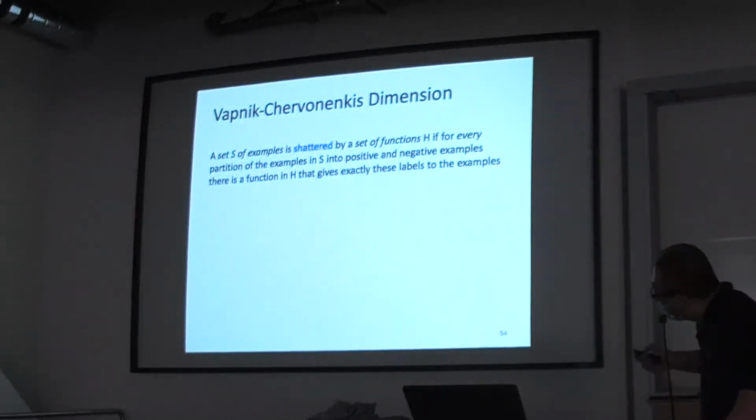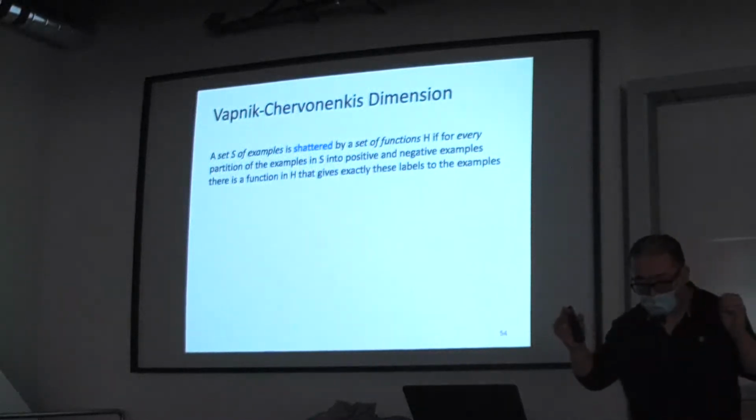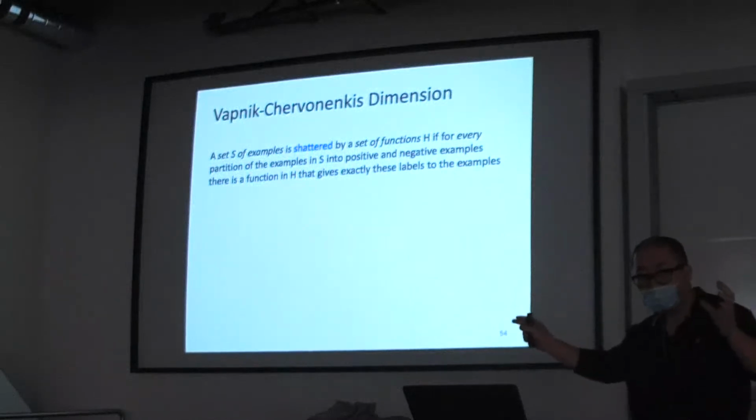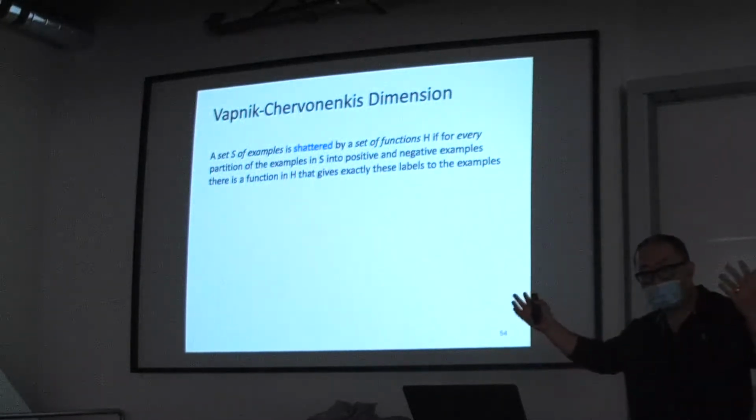So shattering is talking about a set of functions, which we usually refer to as hypothesis space, and a set of points. Those points, we know the location of those points, but we do not assume any labels on those points.